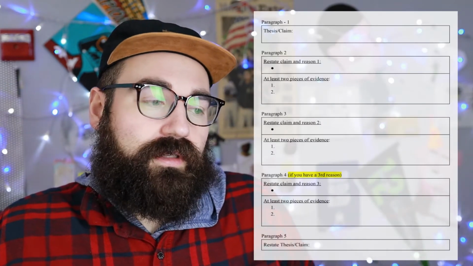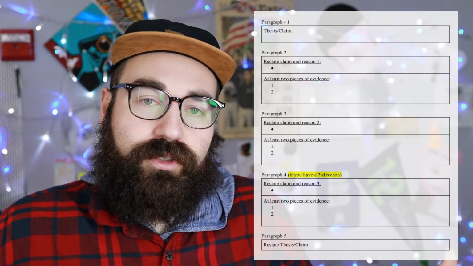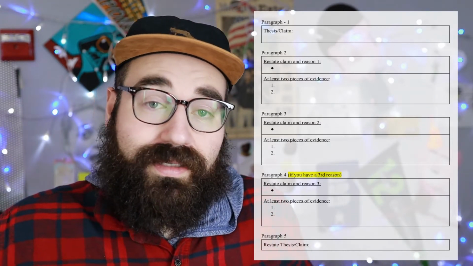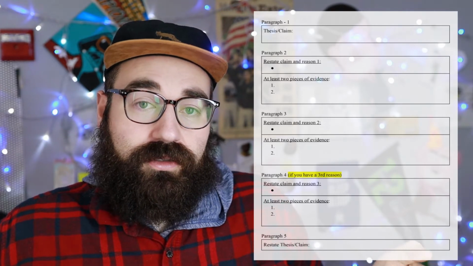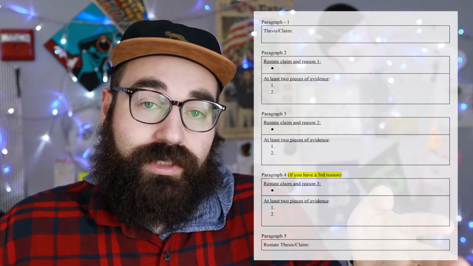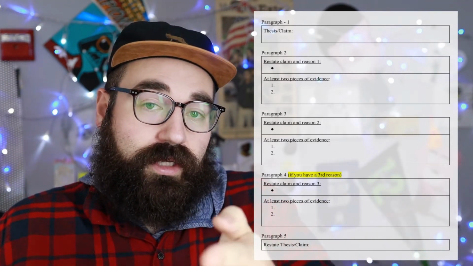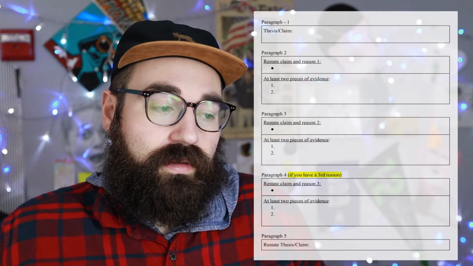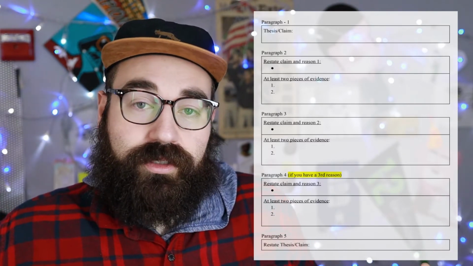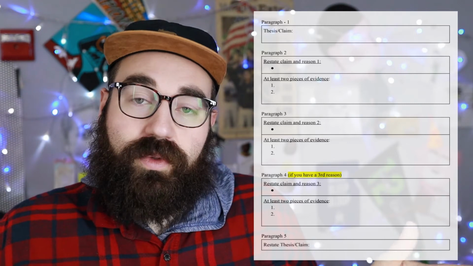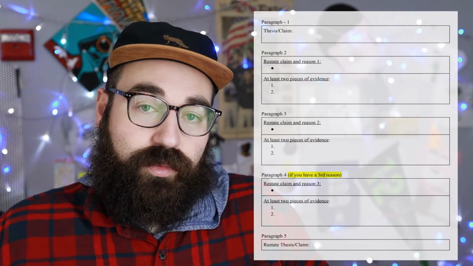This is a basic structure that I just use with my own class and with you so that you can easily sort that evidence. You can see in this first paragraph, we're just putting our claim or thesis statement in there. So in our case, it's just going to say Squeaky is fiercely protective of her brother and herself. Then down below, for reason 1, I'm just going to restate that Squeaky is fiercely protective of her brother.